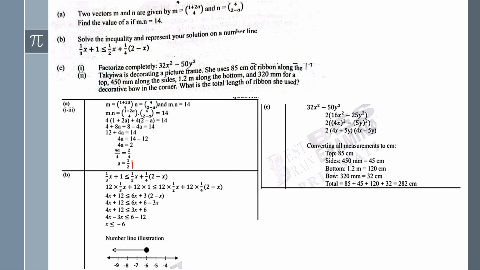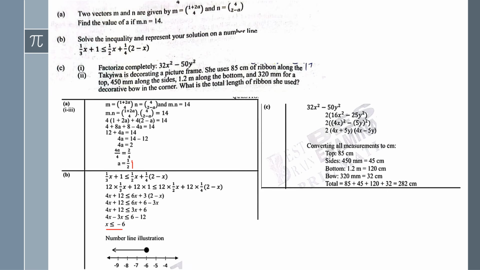Then b is a question on inequality where you represent it on a number line. It involves a fraction. You multiply through with the LCM, and you have your value of x to be less than or equal to -6. And c, we have to factorize. The common factor is 2.